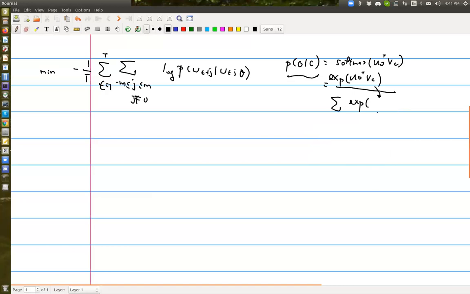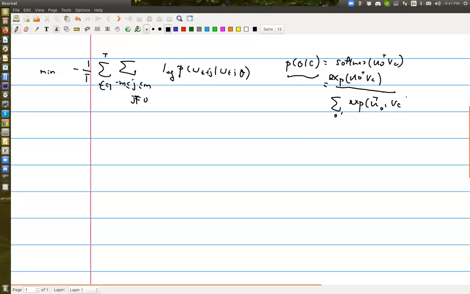So what I want is to make sure that when I sum over all the possible outside words, this should sum to one. Therefore I should consider all the O, maybe I call it O prime here, U_O' transpose V_C.